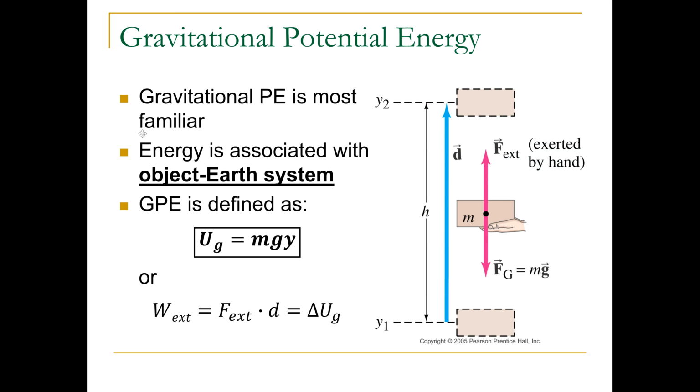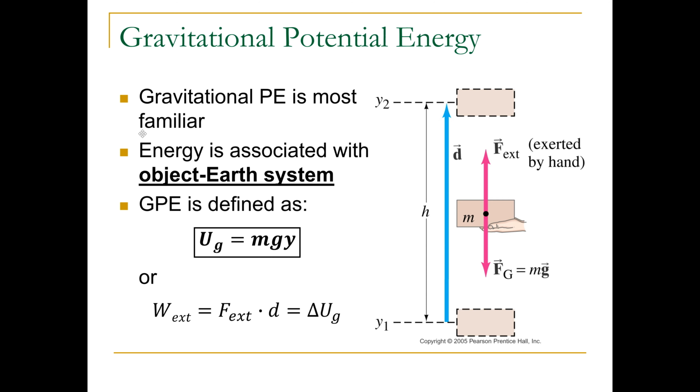So gravitational potential energy, probably the most common form of potential energy. It's an energy associated with the object and the Earth. Both must be part of this system. And we can calculate gravitational potential energy as mass times our acceleration due to gravity times y, where y is our height.